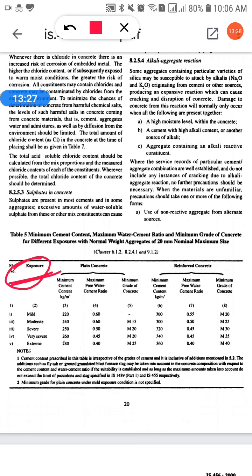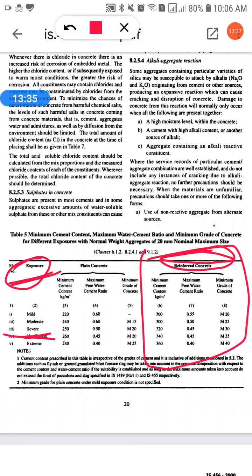So you have to see reinforced concrete, and for severe condition, see minimum cement content, maximum water cement ratio, and minimum grade of concrete.